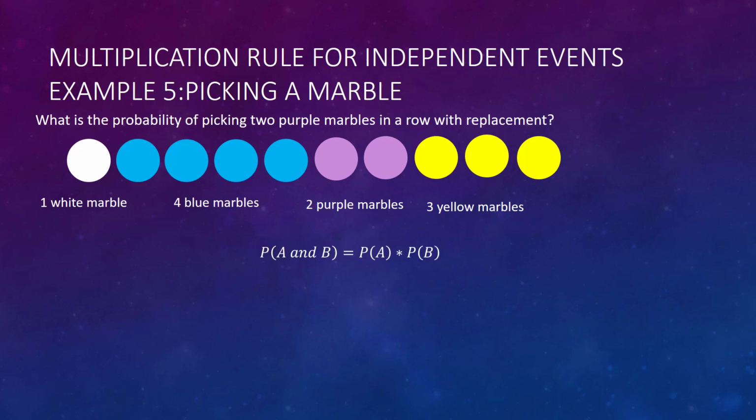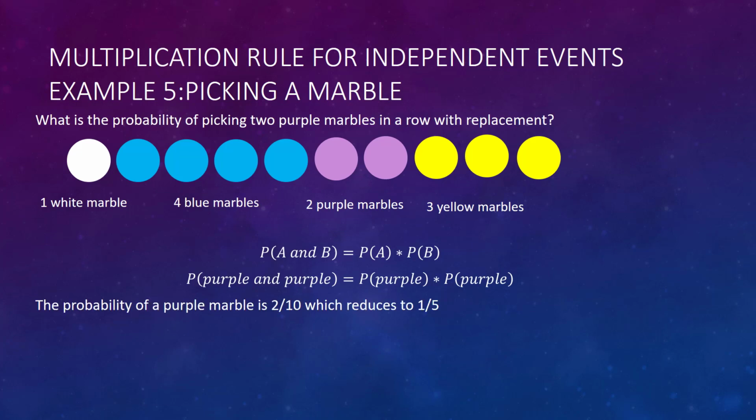Remember, that rule states that the probability of A and B is equal to the probability of A times the probability of B. Putting that into the context of this problem, we find that the probability of picking a purple marble and then another purple marble is equal to the probability of picking a purple marble times the probability of picking a purple marble. The probability of picking a purple marble is 2/10, which reduces to 1/5.